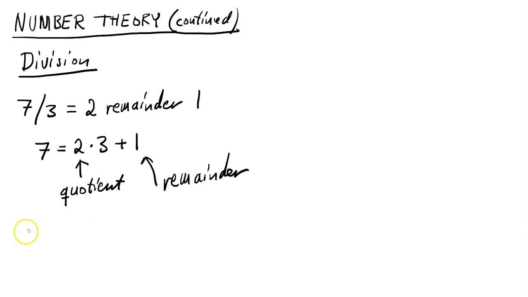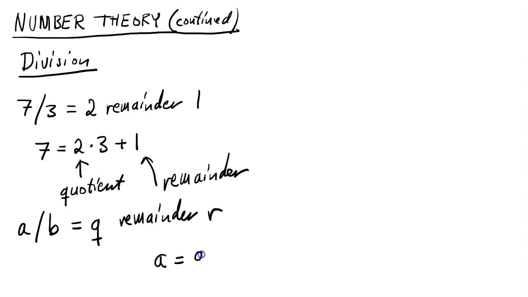Okay. In general, we have A divided by B. Then we call the answer the quotient, and we here have a remainder R. And what is the quotient and the remainder? That is the number we should put here and here to make this true.